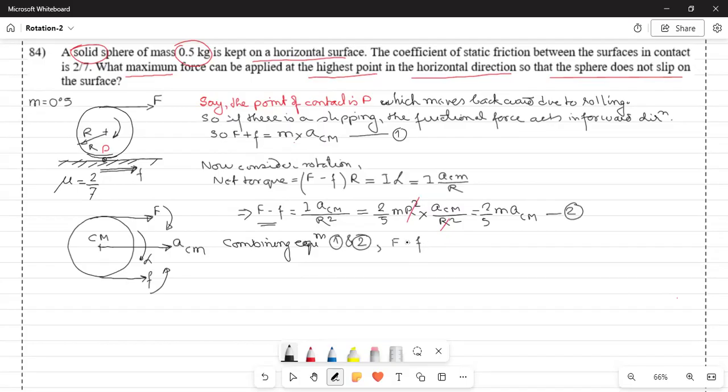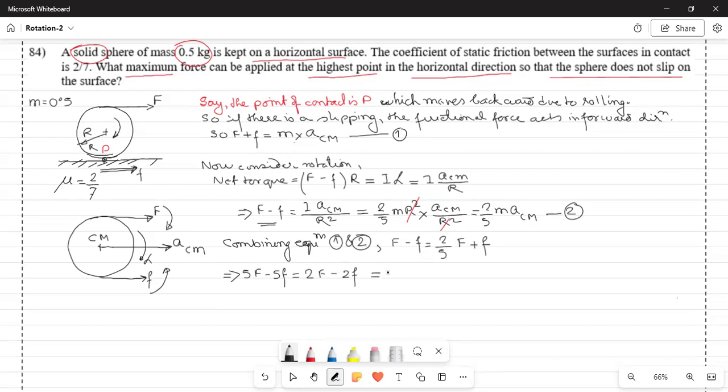So capital F minus small f is equal to 2 by 5 times capital F plus small f. From there we find 5F minus 5 small f is equal to 2 capital F plus 2 small f.